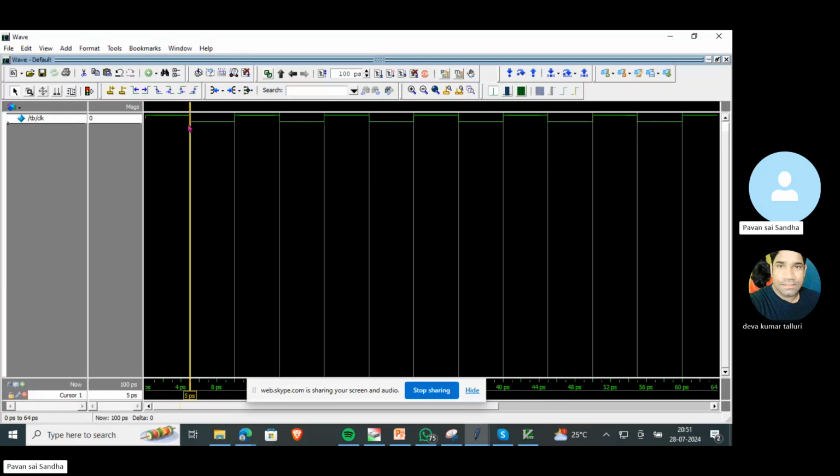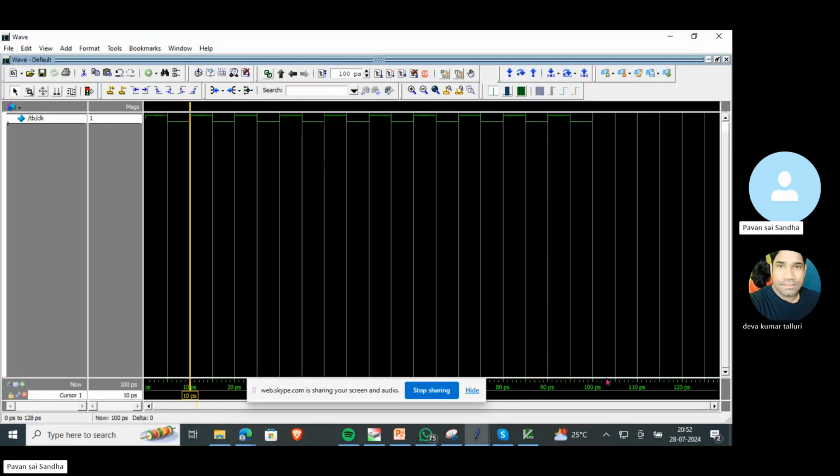Here also it is at 5 picoseconds and it is at 10 picoseconds and 10 minus 5, 5 picoseconds. For every 5 picoseconds it is getting negated. So we generate the clock here. Look here for 100 picoseconds the simulation is ending.